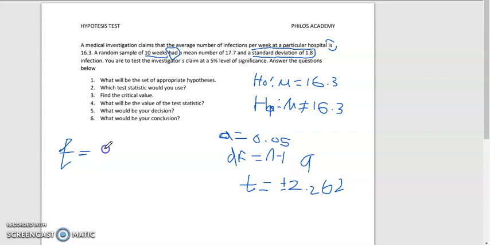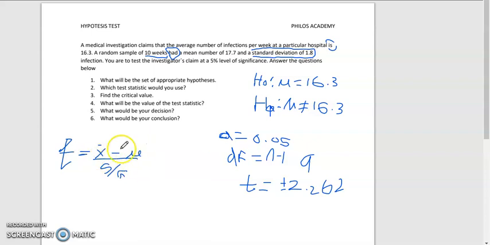The formula says sample mean minus population mean, divided by S, that's sample standard deviation, over square root of n. That's the formula you use.